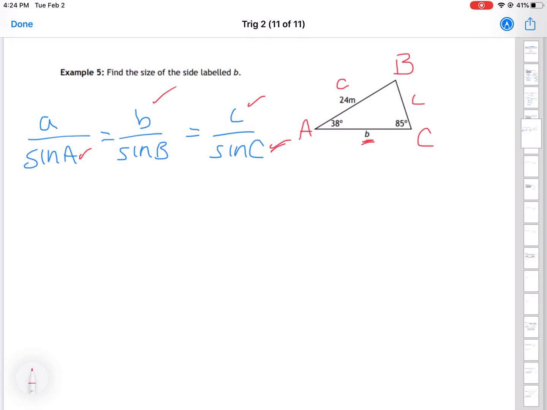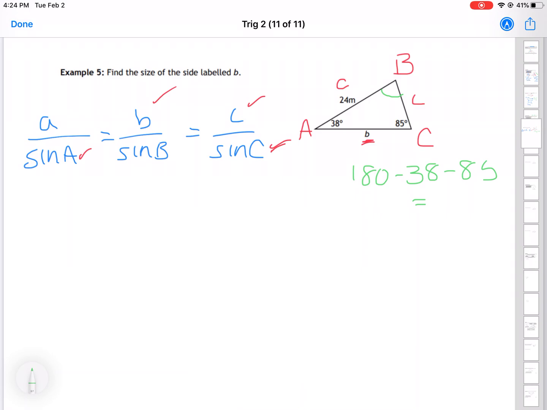But what I can do with this question and with this triangle is find out what size angle B is. If I do 180, take away both of the angles inside the triangle, I will find out what angle B is. Therefore, I will have angle B to put into the formula.